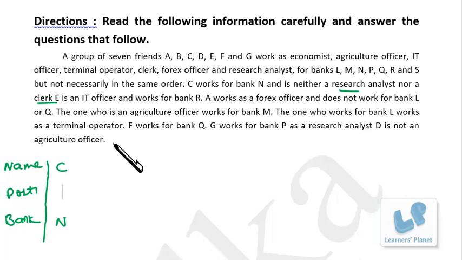E is an IT officer. So here it is E, an IT officer, and works for bank R. A works as forex officer and does not work for L or Q.